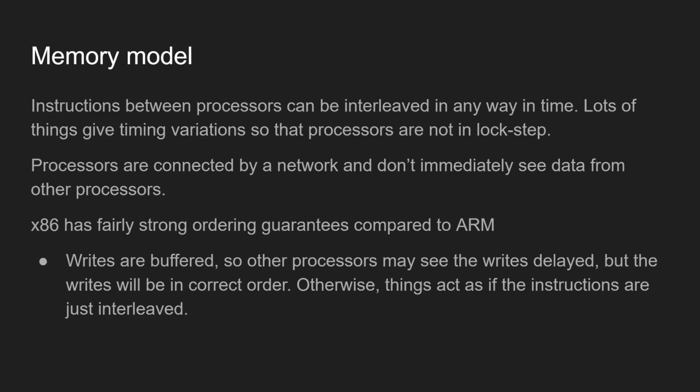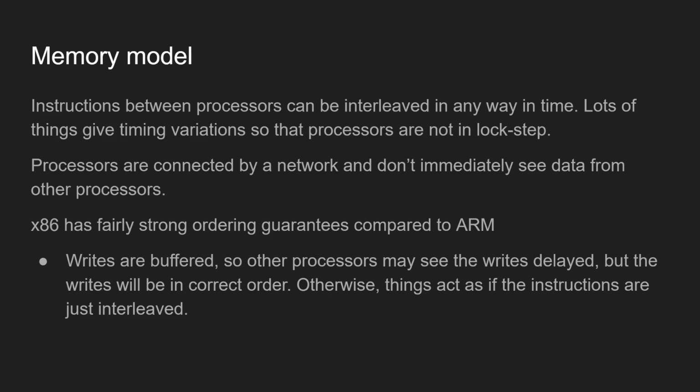The other aspect that you need to consider is that processors are actually connected by a network on the chip, and reads and writes aren't communicated instantly. It's then an architectural interface choice to decide how much the computer will work to pretend that they do happen instantly.